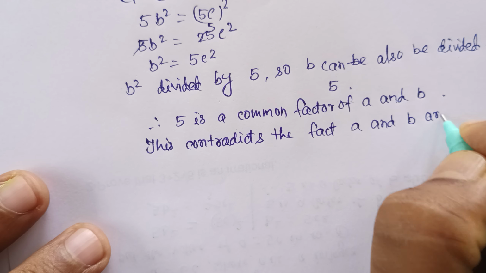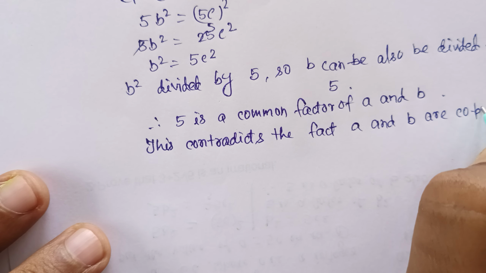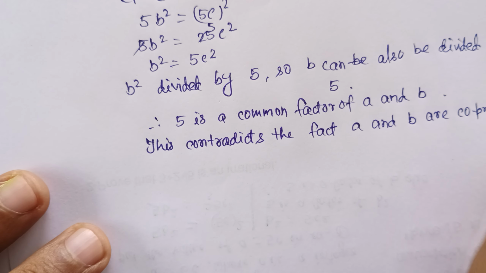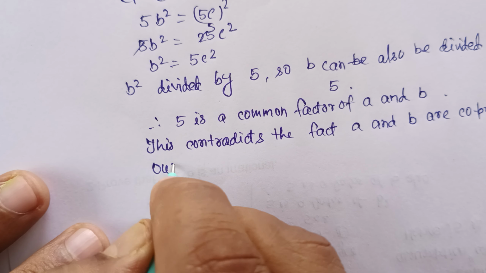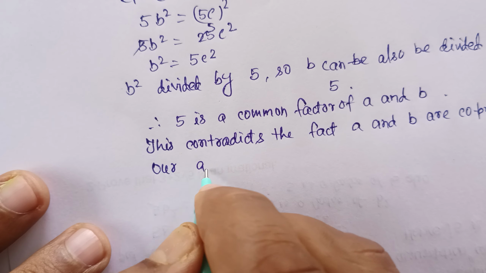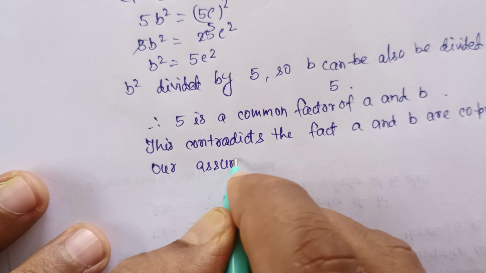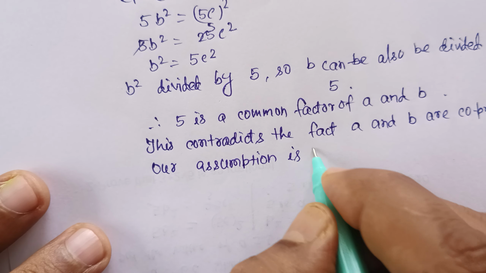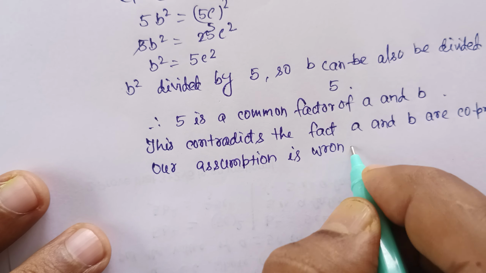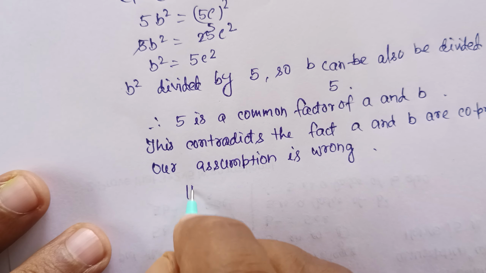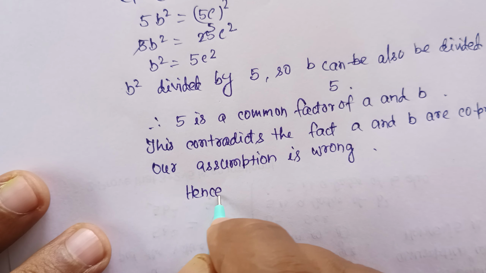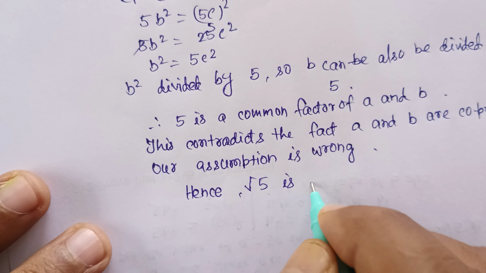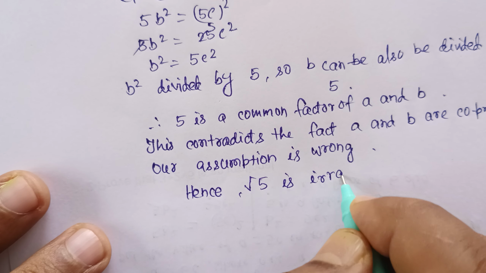So our assumption is wrong or right? Our assumption is wrong. Hence, root 5 is irrational.